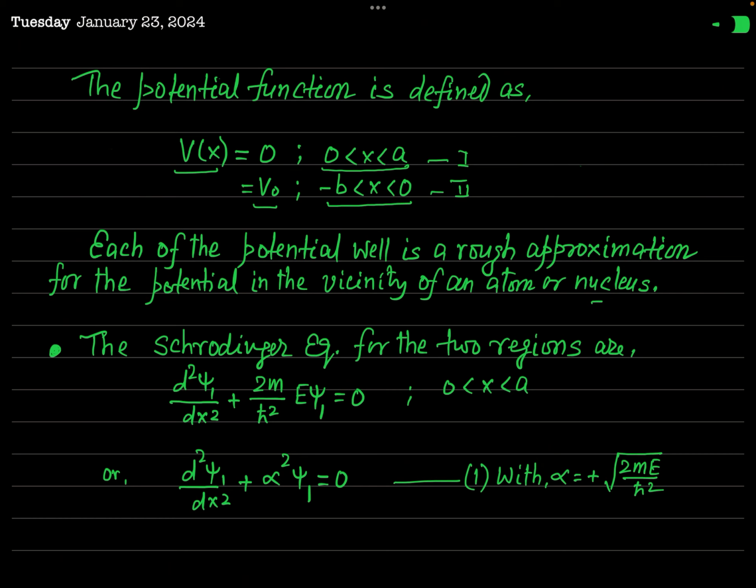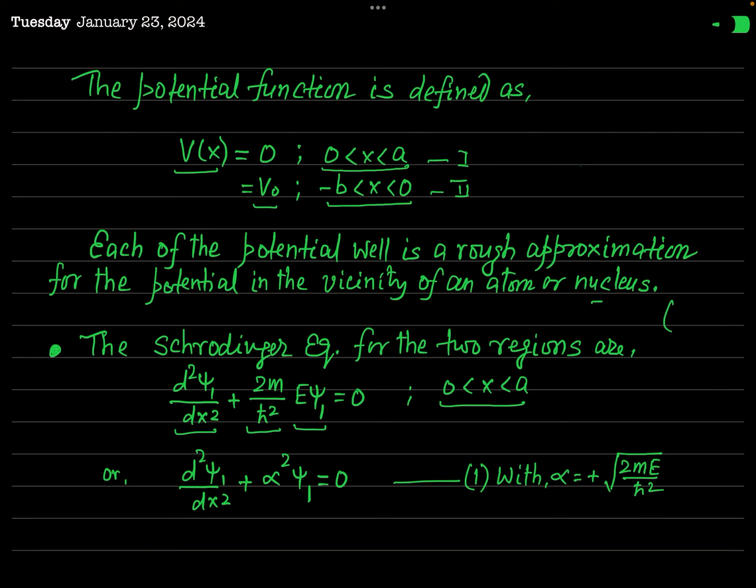So for the first region the potential function is 0. So the Schrodinger equation in the first region defined by these limits will be d2 psi 1 by dx square plus 2m over h bar square E psi 1 equal to 0.